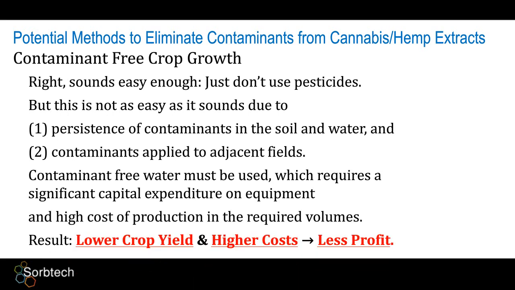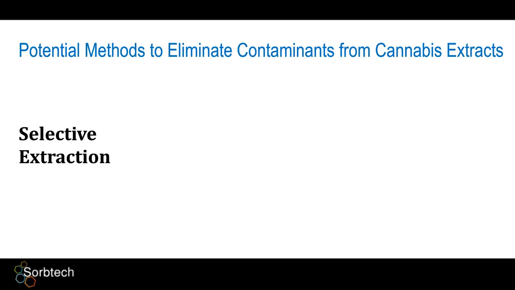The result is lower crop yield, higher costs, and less profit. And very often, if you're growing indoors, they have to apply pesticides anyway because the pests come in whether you want them or not.